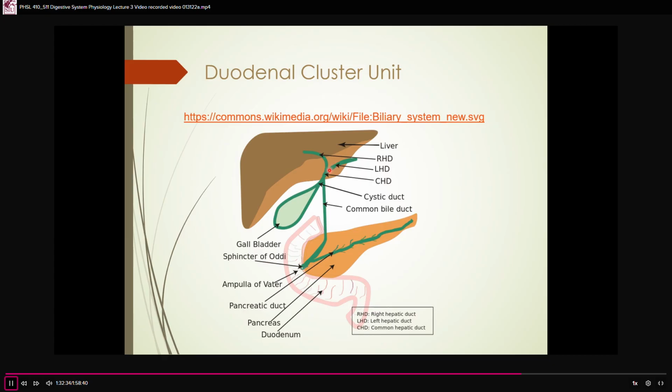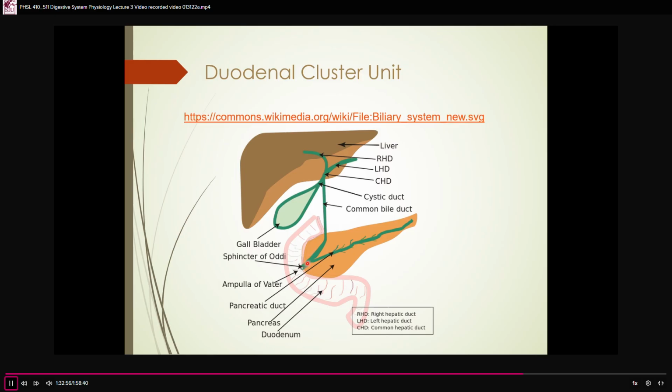As soon as they leave the liver, they merge into a common duct that we call the common hepatic duct. That common hepatic duct then bifurcates and gives rise to the cystic duct that can take bile into and out of the gallbladder, or continues on in what we call the common bile duct. The common bile duct comes down.